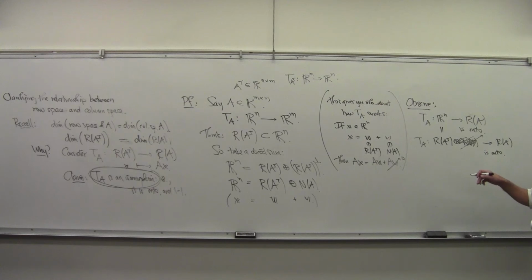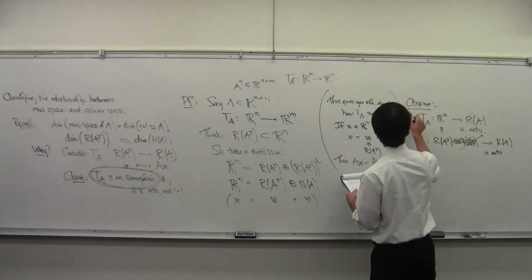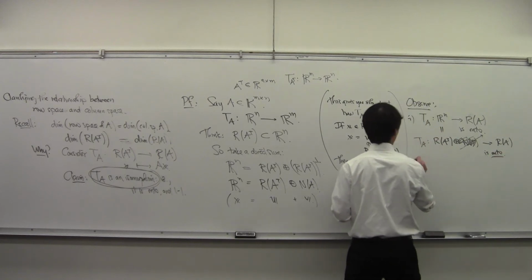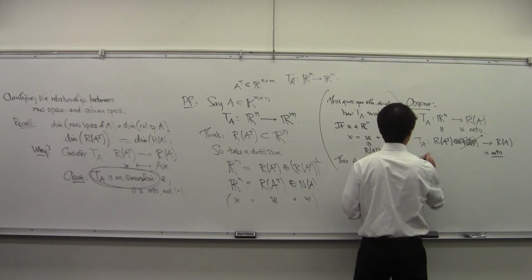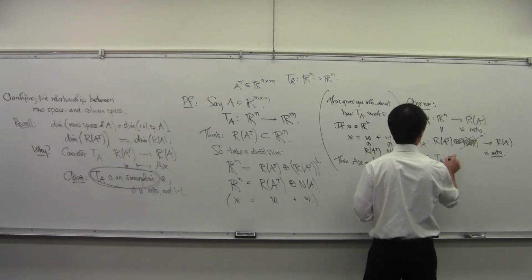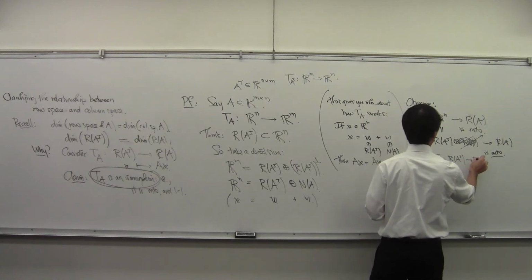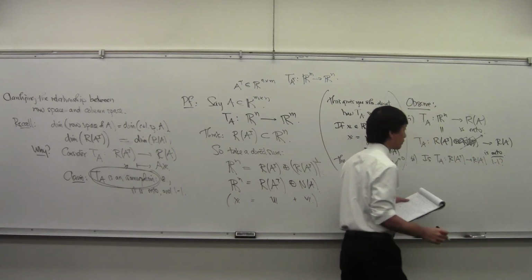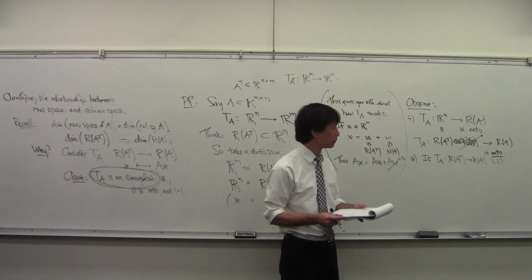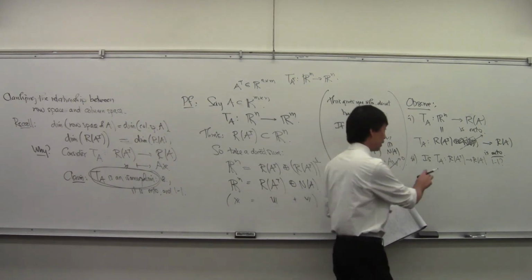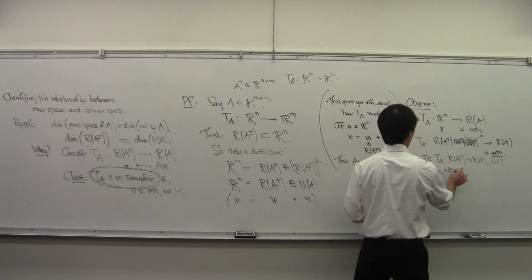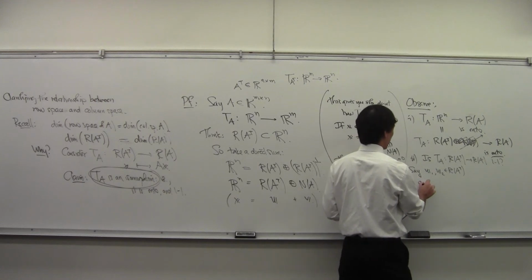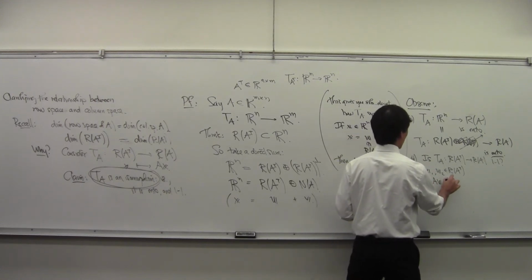Now we need to do the one-to-one part. So 1 is onto. 2 is TA from RA transpose to RA one-to-one. Since we don't have much time, I'll just do it. Let's say that U1 and U2 are in RA transpose, and that AU1 equals AU2.